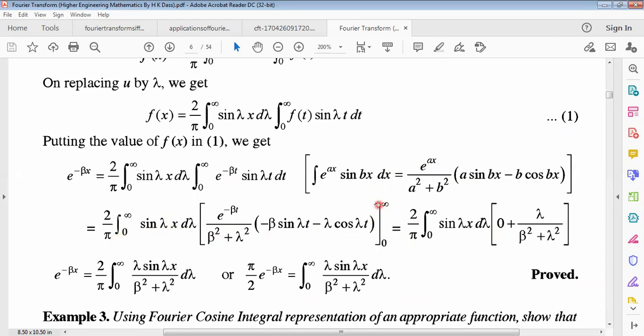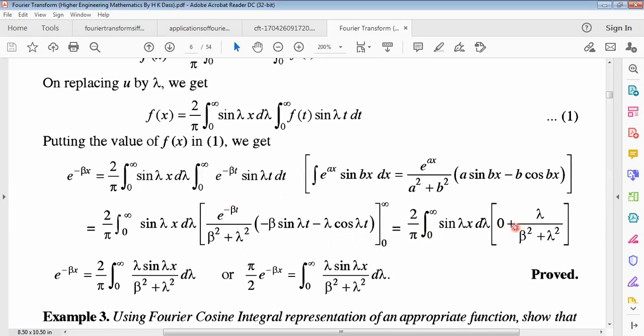Now putting infinity in place of t, with respect to t: e to the power minus infinity means 1 by e to the power infinity, which is 1 by infinity, which means 0. So after putting t equals infinity, we get 0.